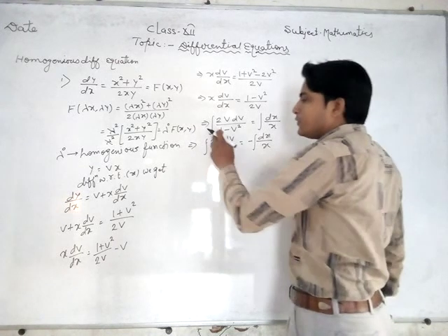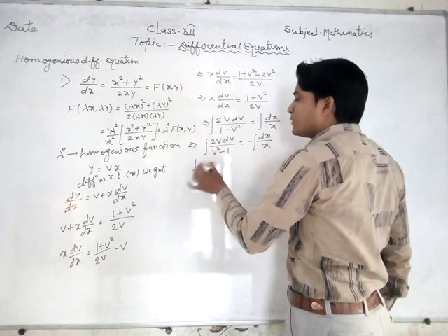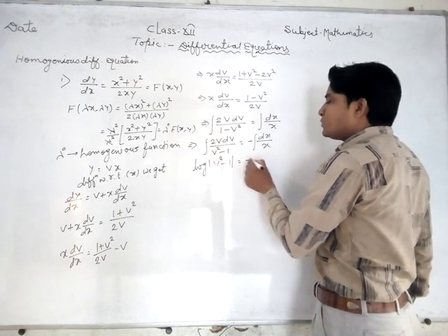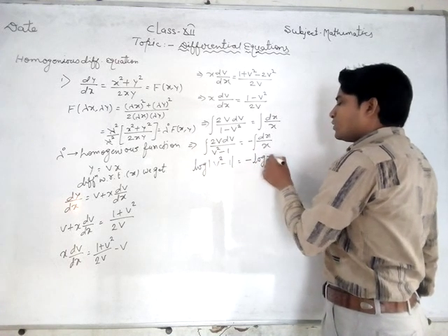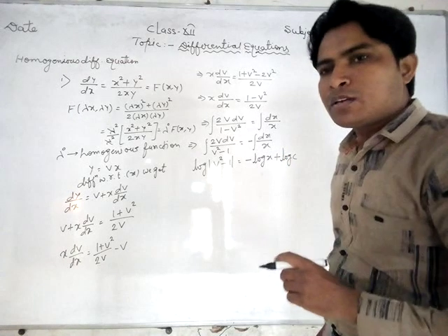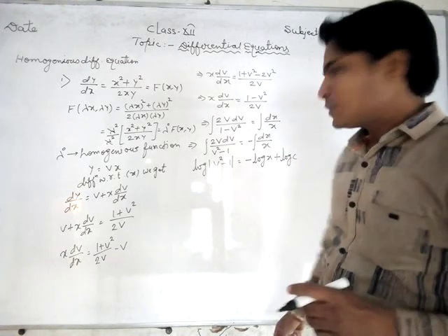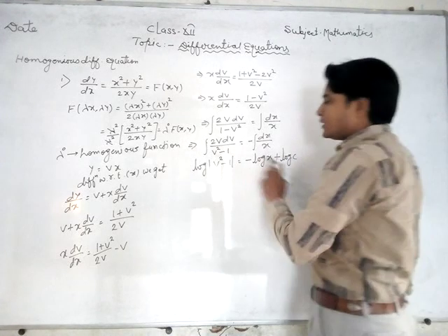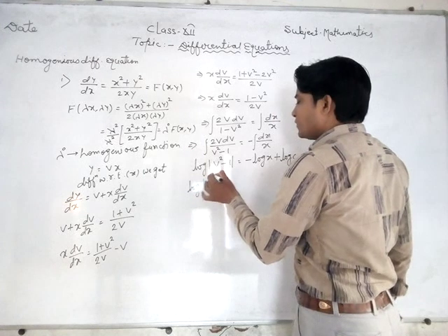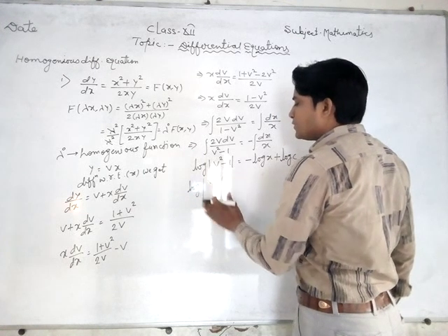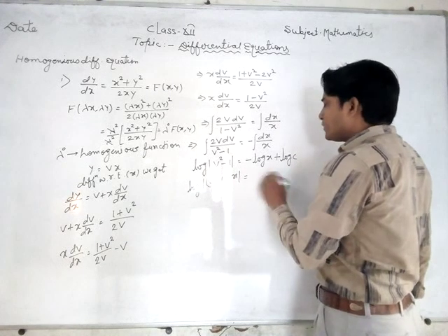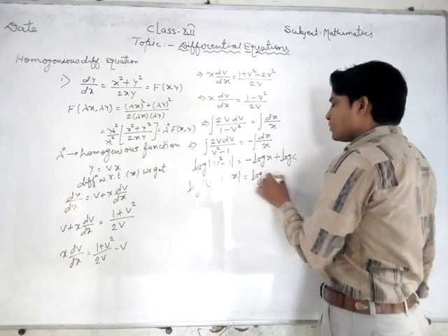So after this integration we get log of v square minus 1 equal to minus log of x plus log of c. Now after the transfer, log of v square minus 1 plus log x equal to log c.